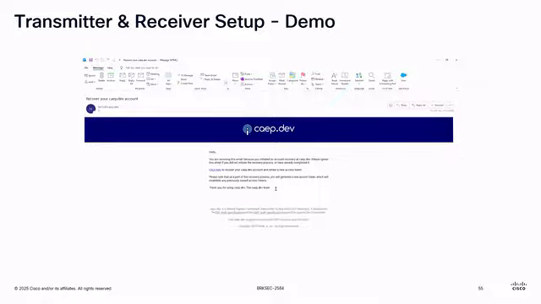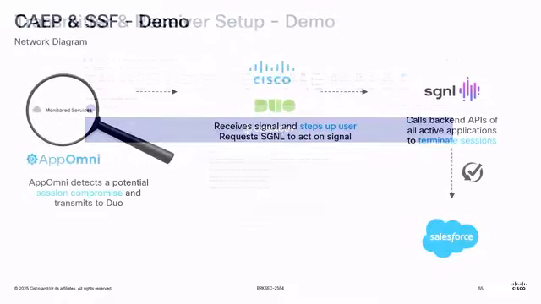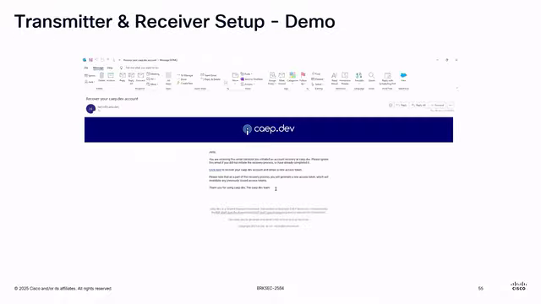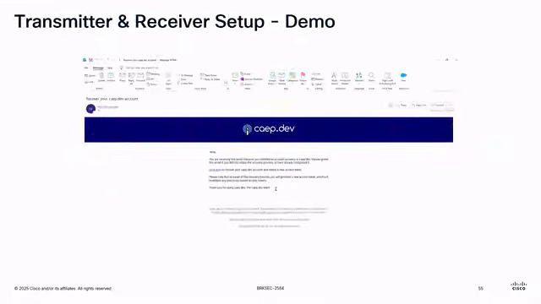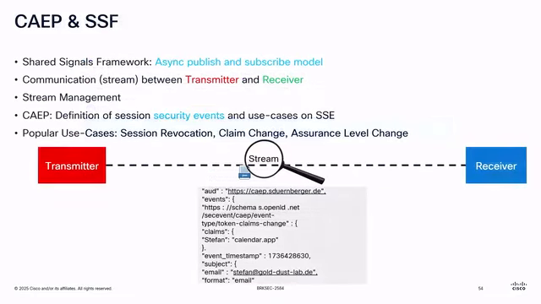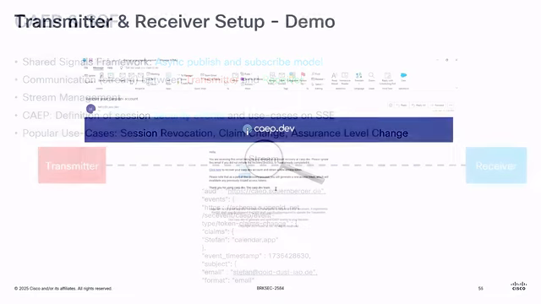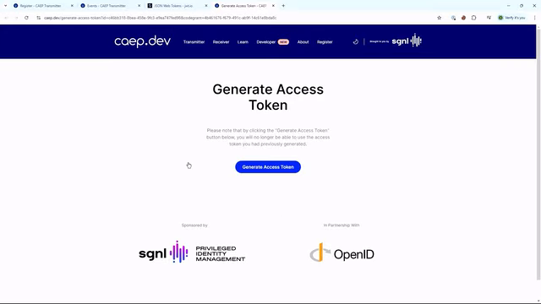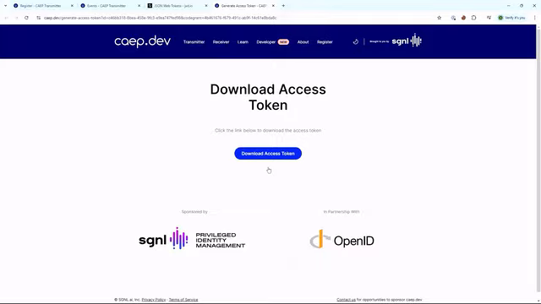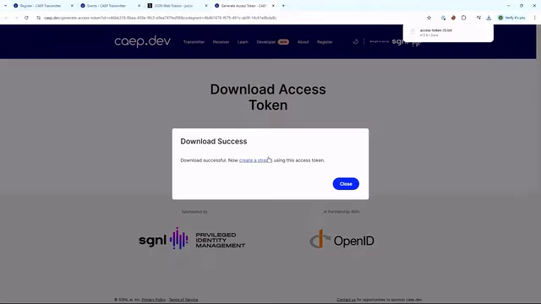So you register once, you receive an email, sorry for that, technical challenges. You receive an email, you click on this link to get or to generate and download an access token.